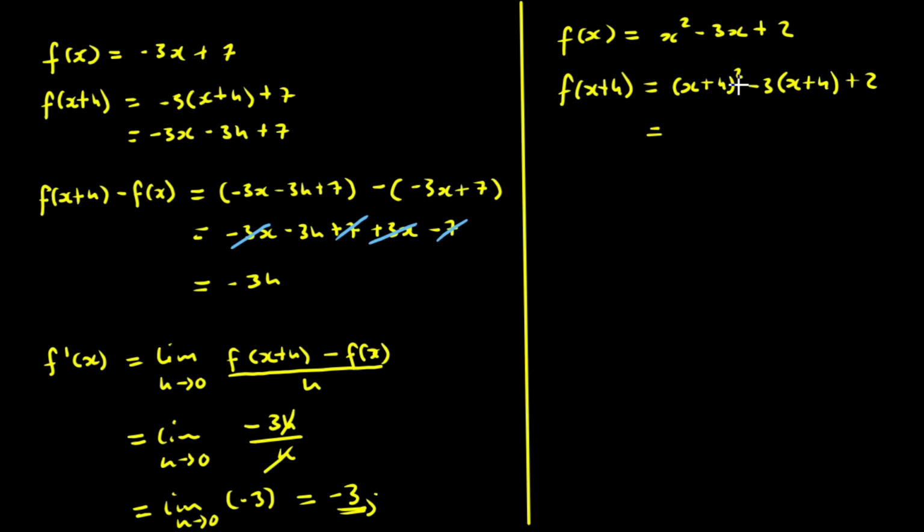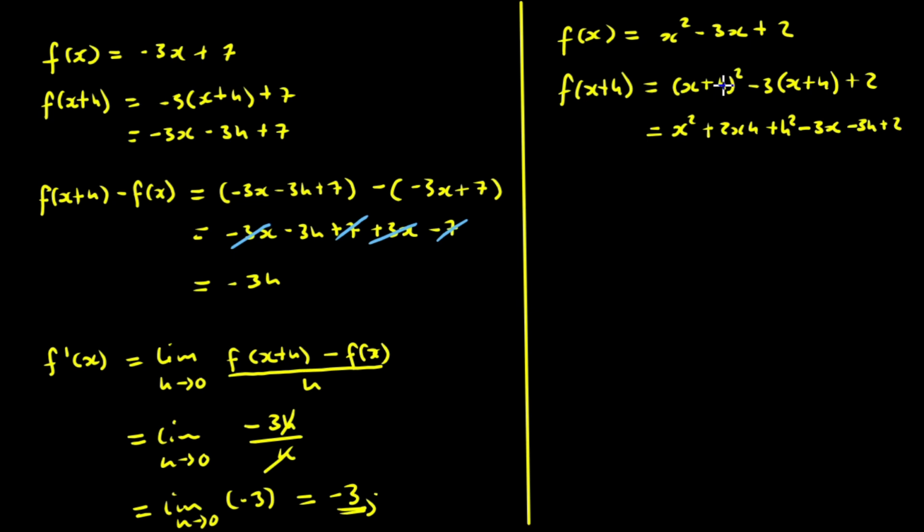Let's go ahead and expand this bracket. That's x squared plus 2xh plus h squared. Then expand this bracket. We have minus 3x minus 3h plus 2.